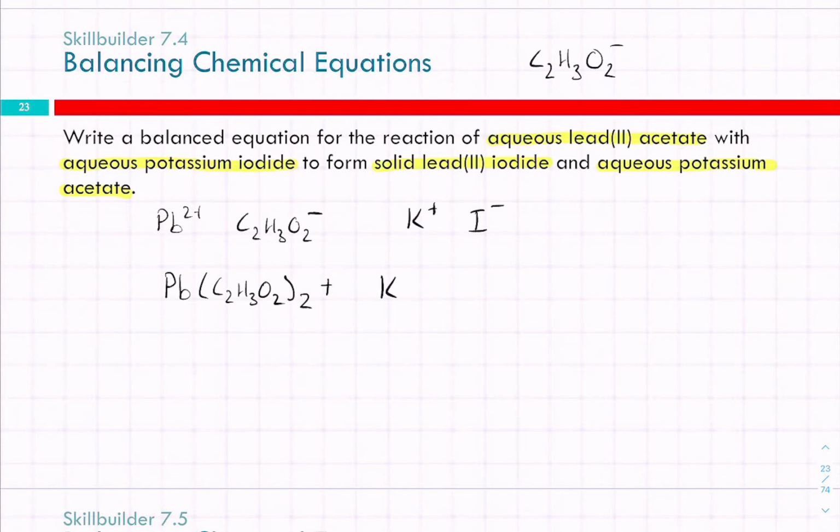Yeah, so KI. All right, and then our products are going to be solid lead iodide. So what would that chemical formula be? Just spell it out with letters. PbI. Would it just be 1 iodine? 2. 2 iodines.